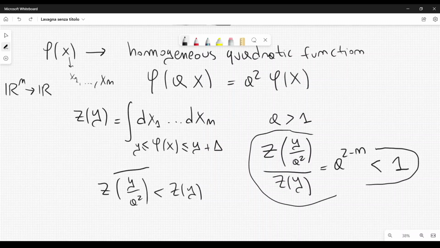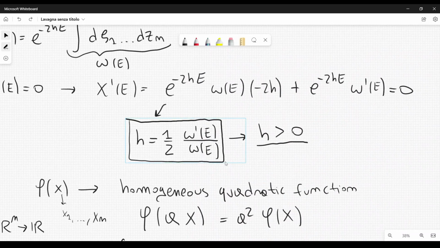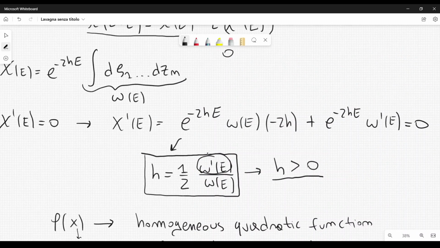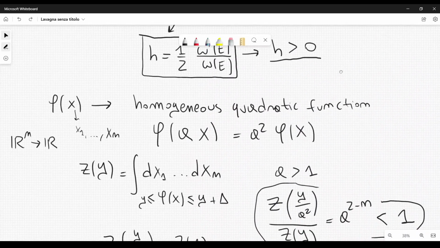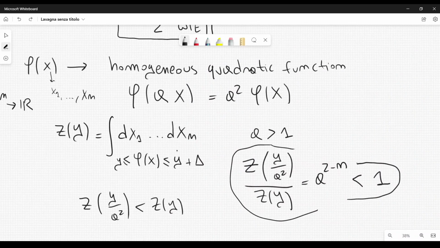If this is true, Einstein argued that omega prime here, this is a derivative, and it is the derivative of this kind of integral here. So we are integrating over a region, and the integral is very similar to this one, where instead of y, you have to consider the energy. So we are integrating over a constraint that considers a function phi of x to be enclosed between some energy and some energy plus a small increment.